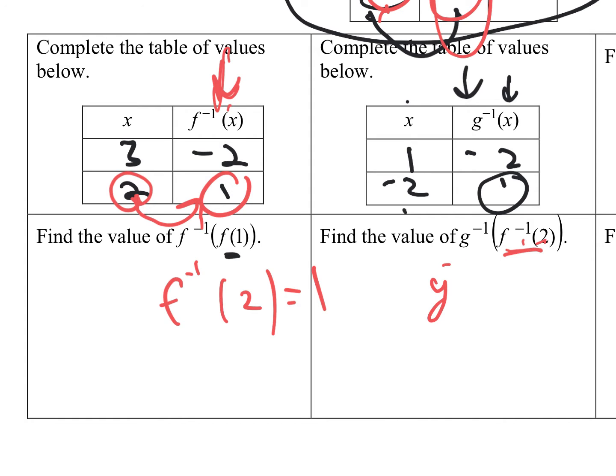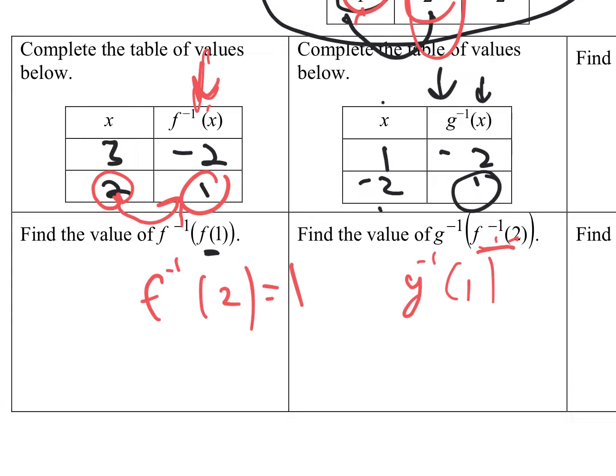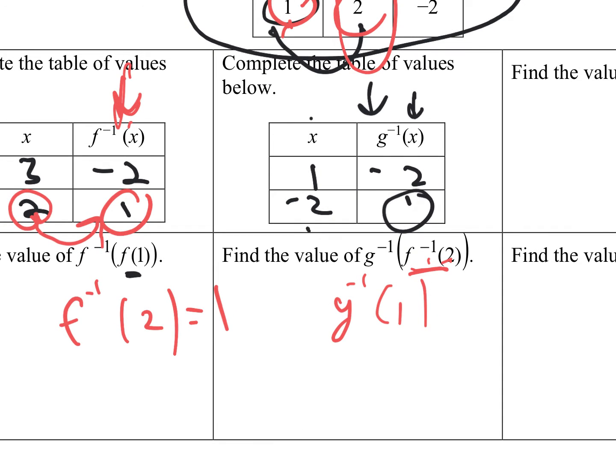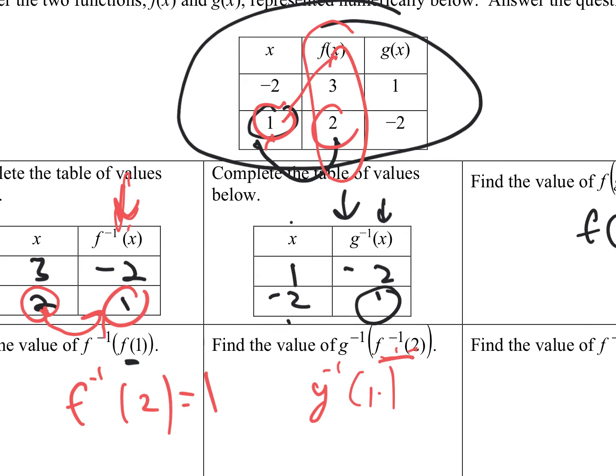So g inverse of a 1, now I can go to the g inverse table, since it's already worked out for us, and say the x value of 1, which, by the way, was the y value of the g, but it's the x value of the g inverse table, and that points to a what? A -2. So g inverse of a 1 is a -2.